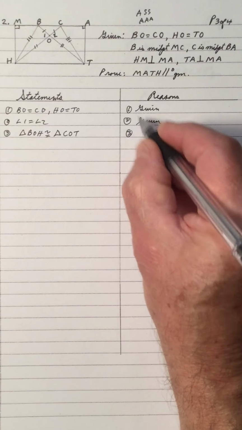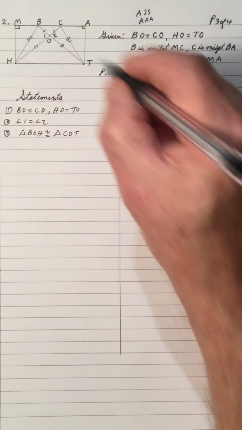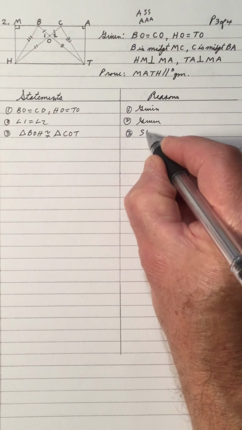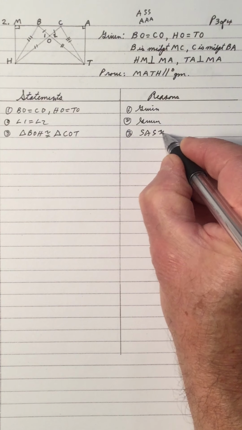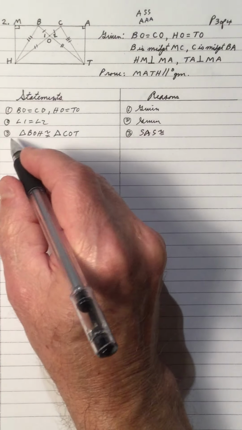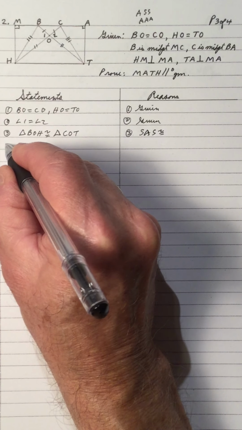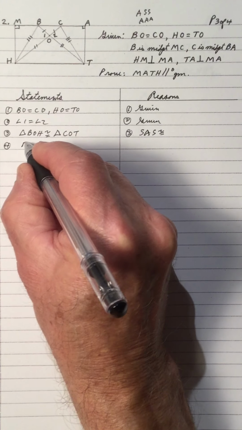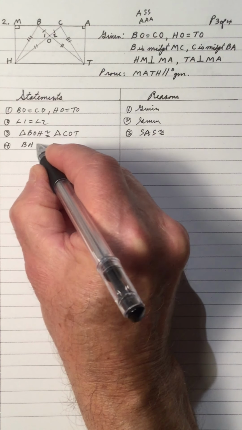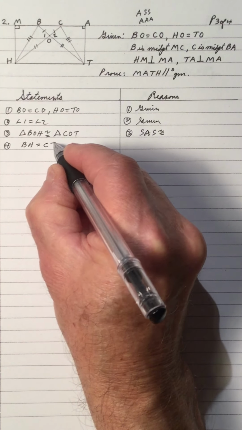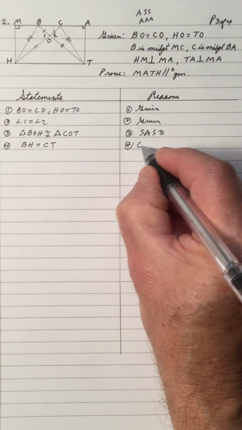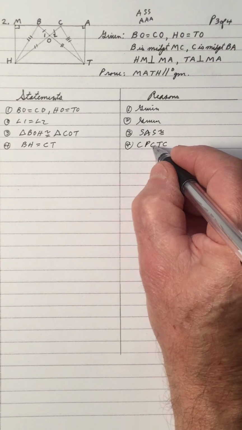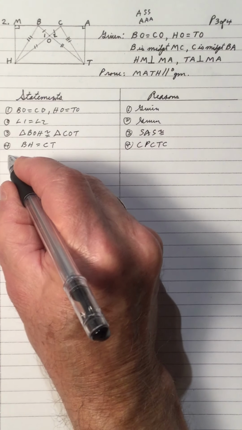And the reason is side, angle, side. There's the two sides and there's the angle in between, so it's a side, angle, side congruency. And as a result of that, we have BH is equal to CT, and it's CPCTC, corresponding parts of congruent triangles congruent.